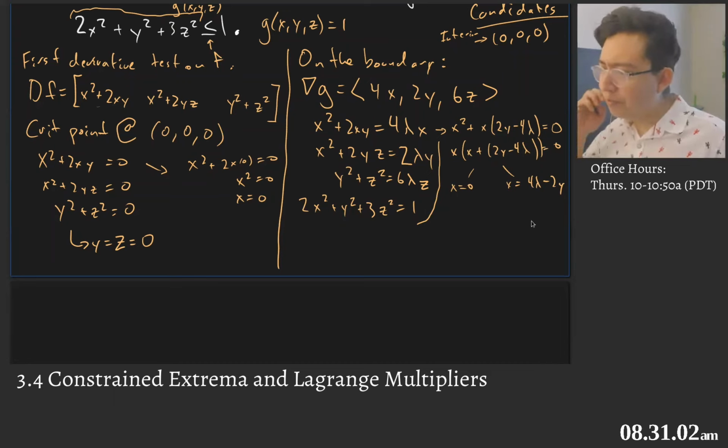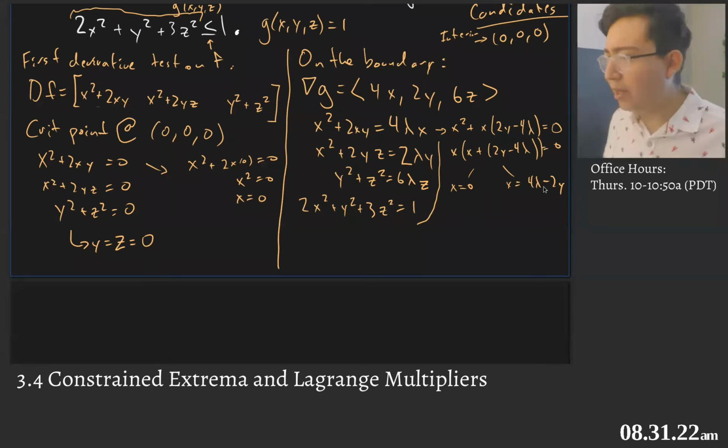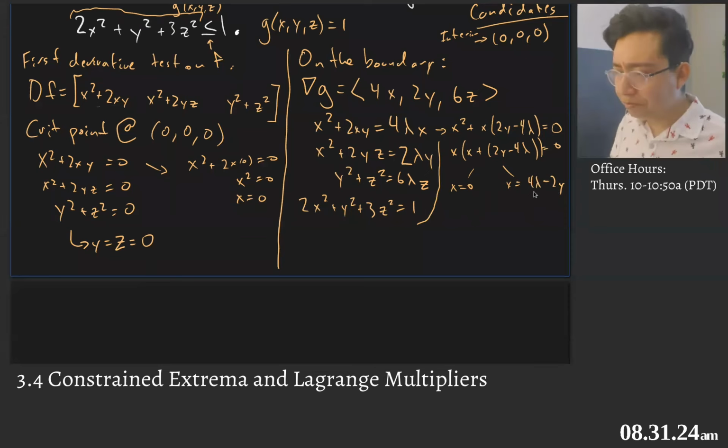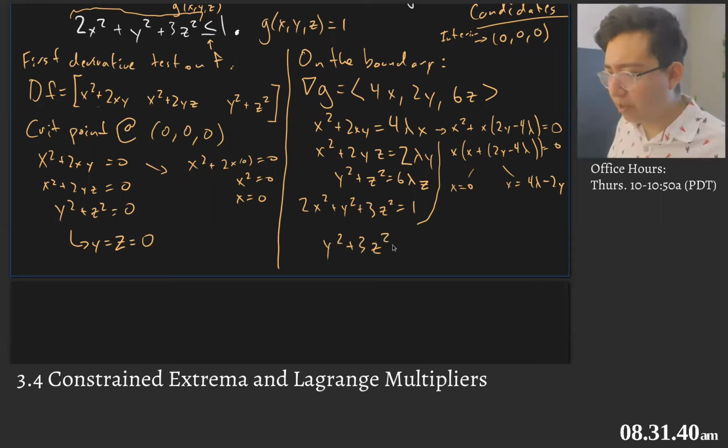So let's see how many solutions we're going to get. Maybe I can follow the x equals 0 path. I'm going to eventually have to come back to the other one here, but for now I'll follow the x equals 0 path. If I follow this path, then from the constraint equation I get y squared plus 3z squared equals 1.